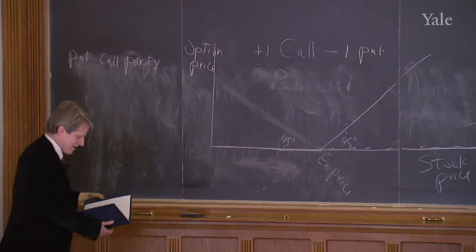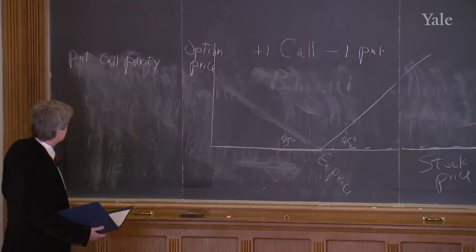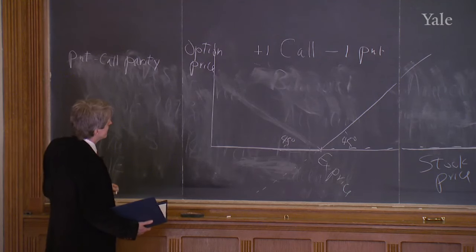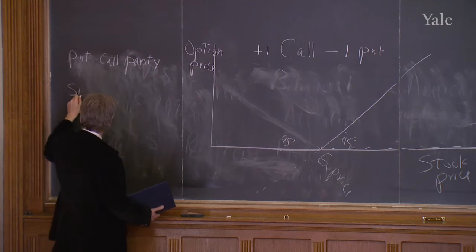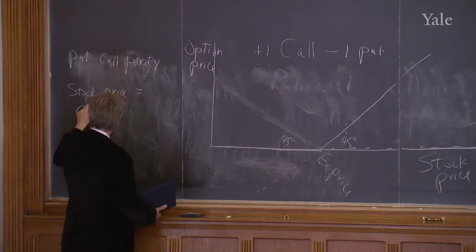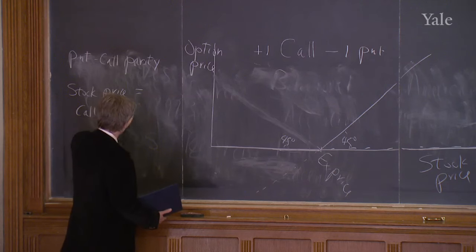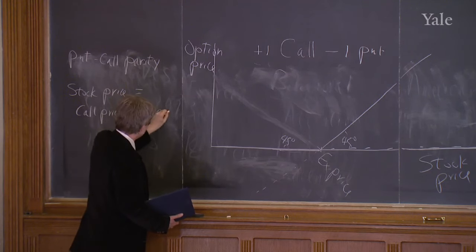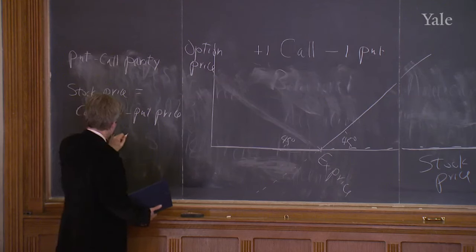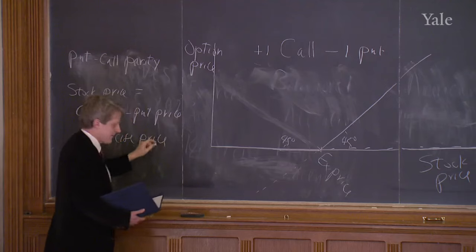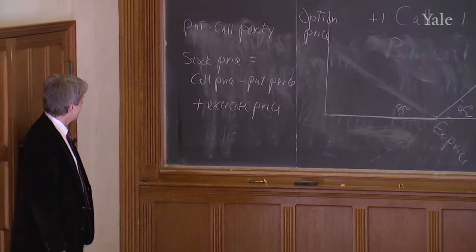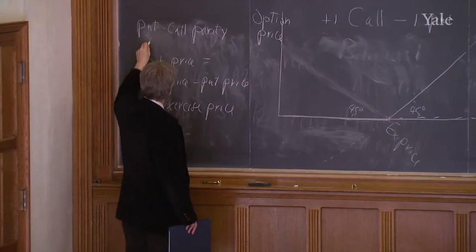There's different ways of writing this, but it says that the stock price equals the call price minus the put price plus the exercise price, on the last day, on the exercise day, right? It's simple. This is put-call parity on the exercise date.